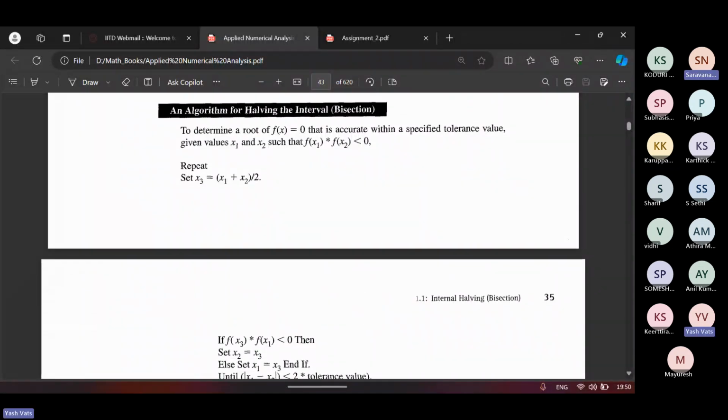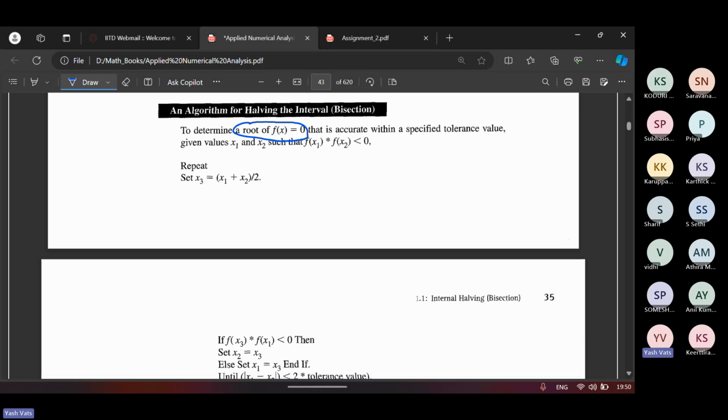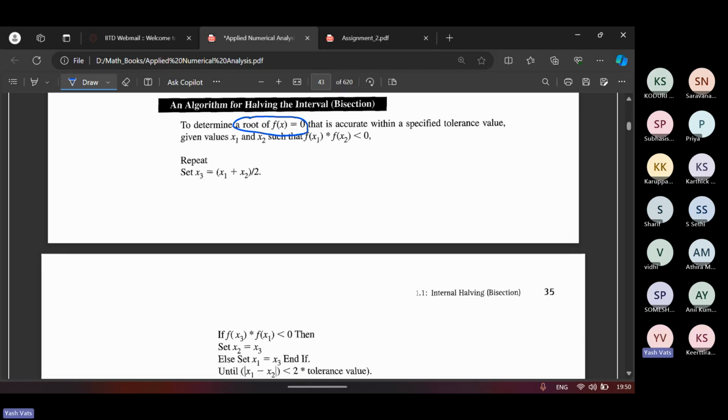Bisection method is basically easy to understand and not tough to check. If we have to determine a root of a function f of x, say we have the equation f of x equals 0, and we have to find the value of x which solves this equation, then we use the bisection method.